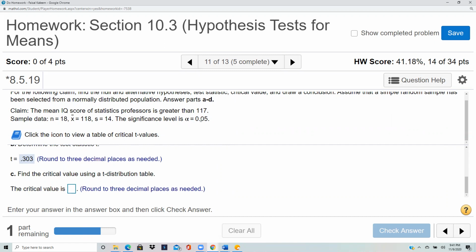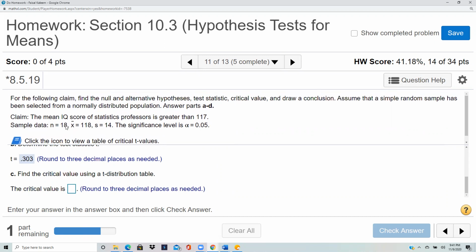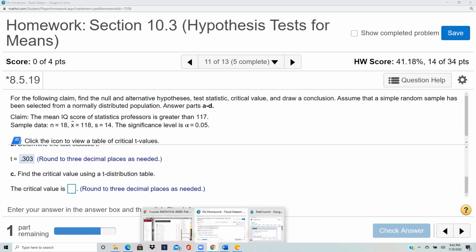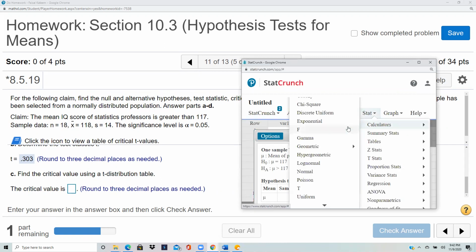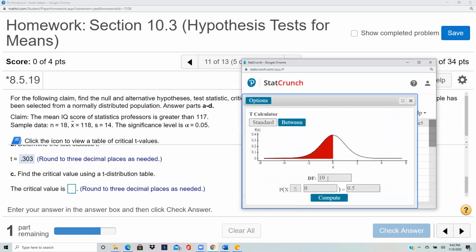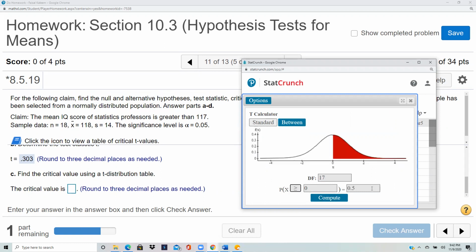So you put the area of 0.05 in the right tail, and n is 18, so df will be 17. So in the stats calculator T, df will be 17, change this to right tail, 0.05, and the critical value is 1.74.